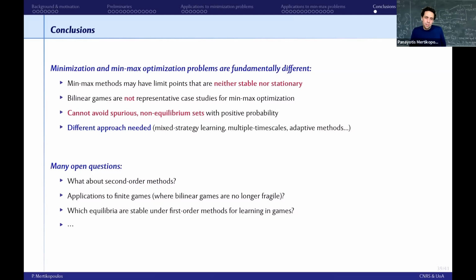And whether we can do better in at least cases which are non-convex, non-concave, but at least have more structure, like finite games. And to try and study there which equilibria are stable under first order or regularized learning methods and all that. But yeah, this is perhaps a story for another time.